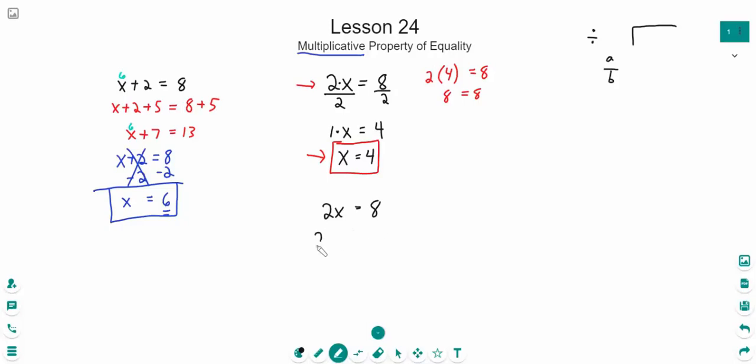So if I took 2x and I multiplied it by a 10, let's say, take both sides, multiply it by a 10, 2x times 10, well, that would be, multiply the coefficients, 20x equals 80. And lo and behold, if I told you that, based on what we know up here, x is equal to 4, 20 times 4 is in fact 80. All right, so the value of x didn't change, even though I multiplied both sides by a 10.